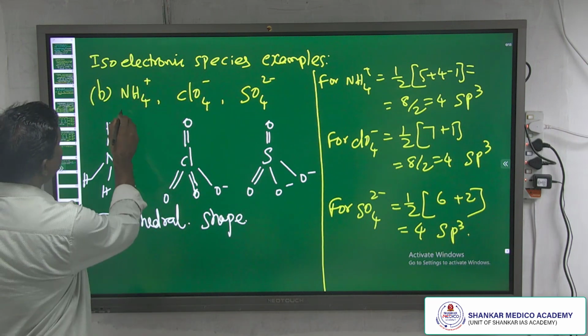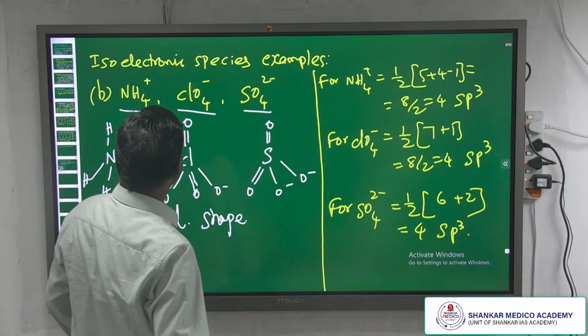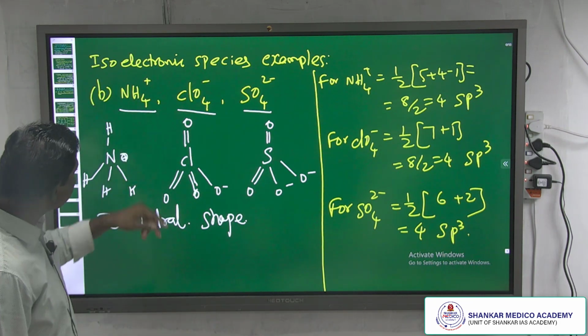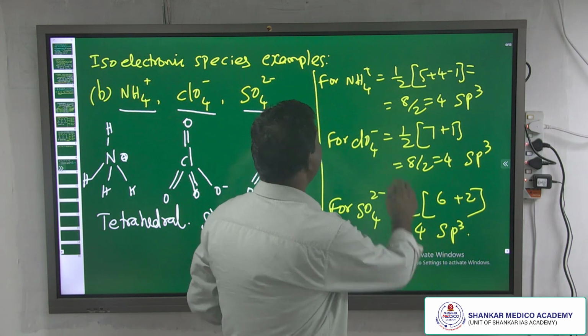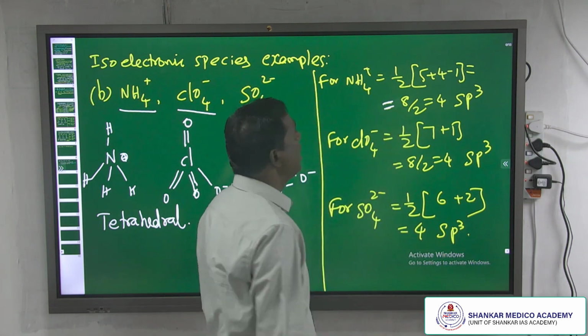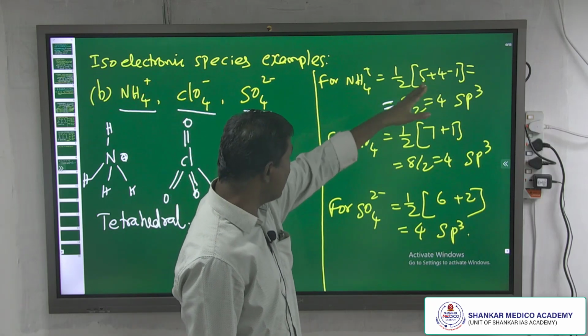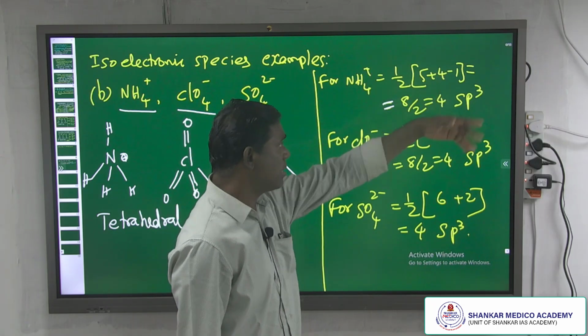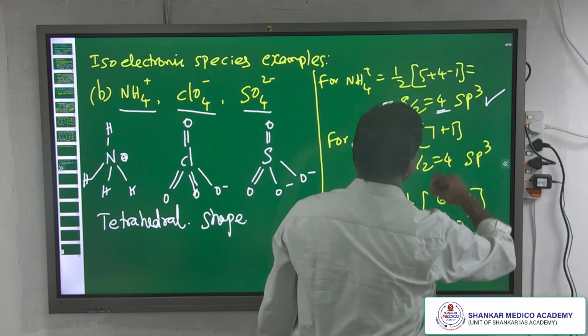This is ammonium, this is perchlorate ion, this is sulfate ion. You can see here the ammonium cation, nitrogen is the central atom, with 4 monovalent atoms attached, and 1 positive charge, so 5 minus 1, it is totally 4, that is sp3 hybridization, tetrahedral.